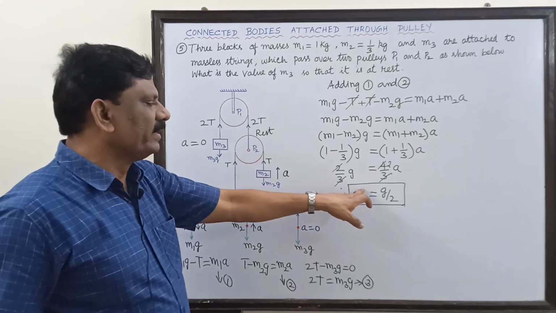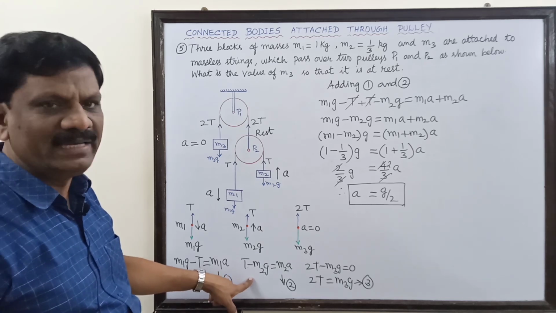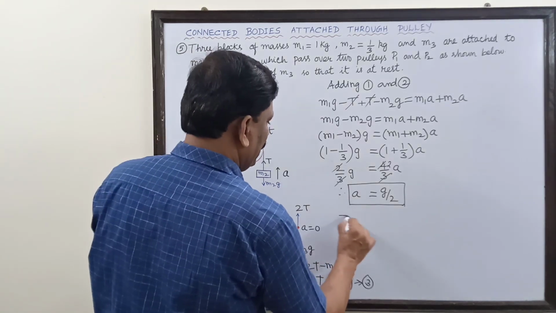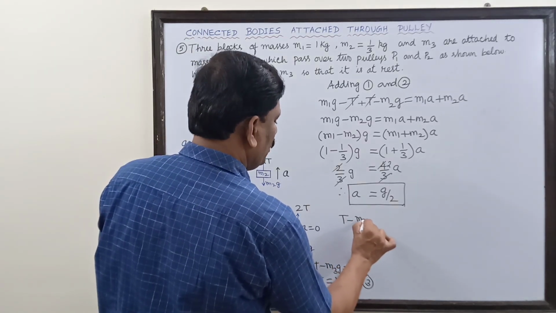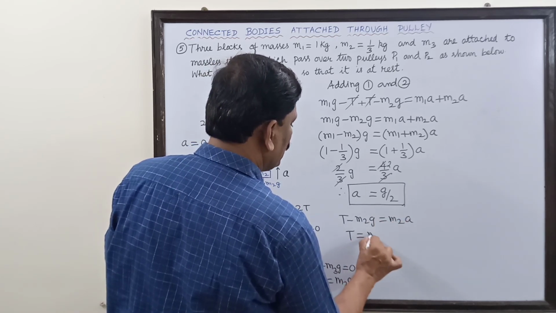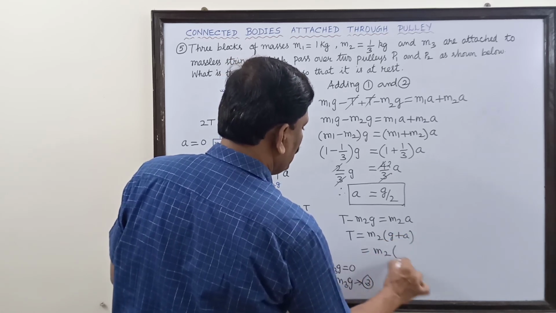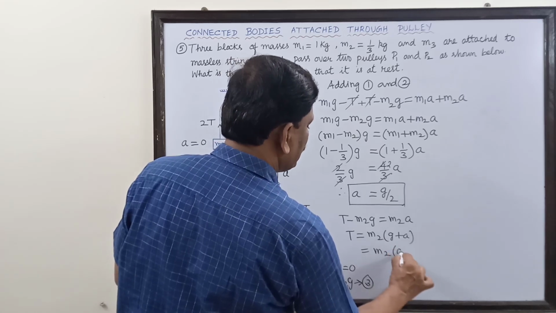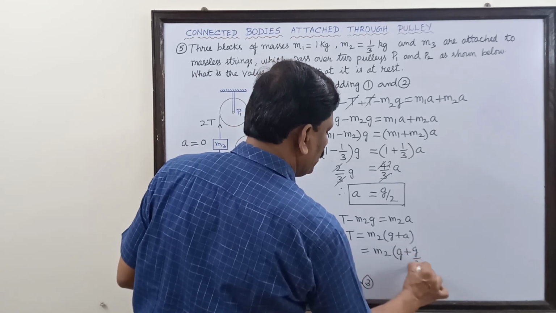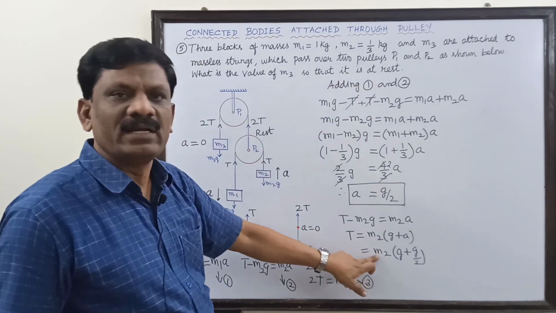Now we are going to substitute the value of acceleration a in any one of the equations and get the expression for tension T. So T minus m2g is equal to m2a, or T is equal to m2 into (g plus a). Instead of a I can substitute g by 2, and the value of m2 is also known, m2 is equal to 1 by 3.